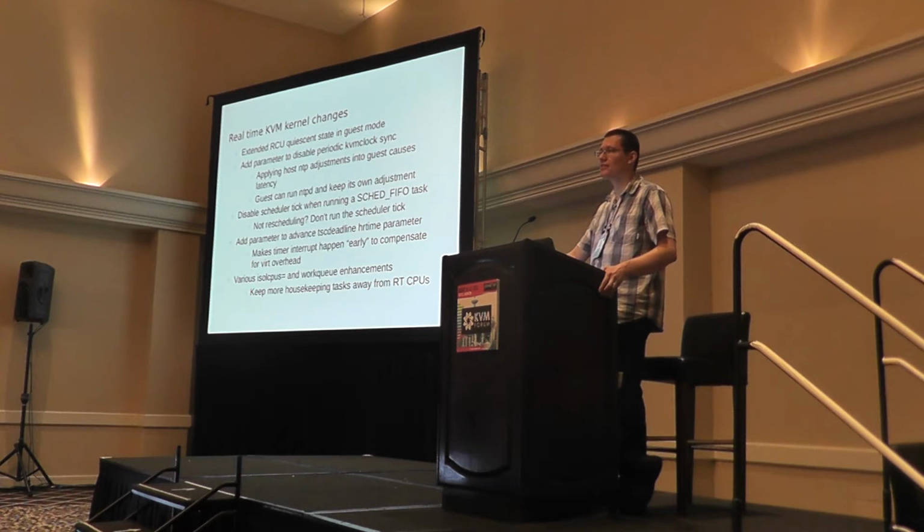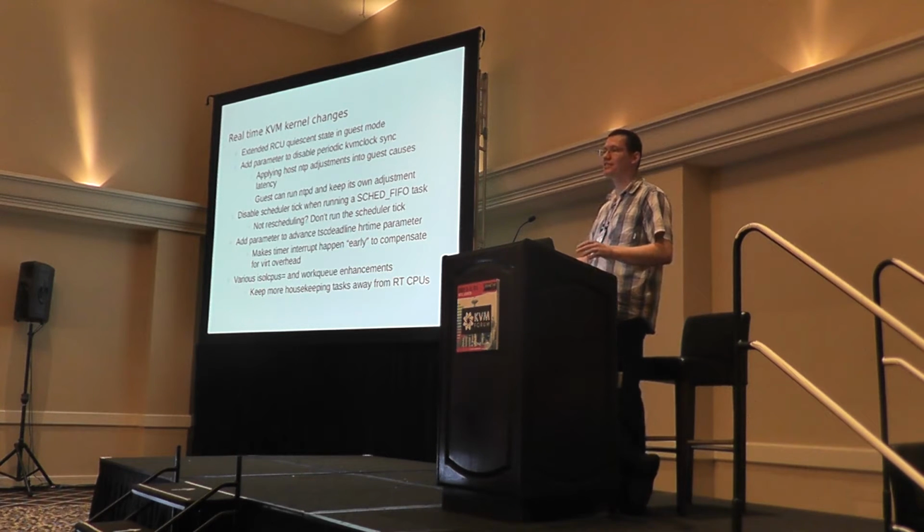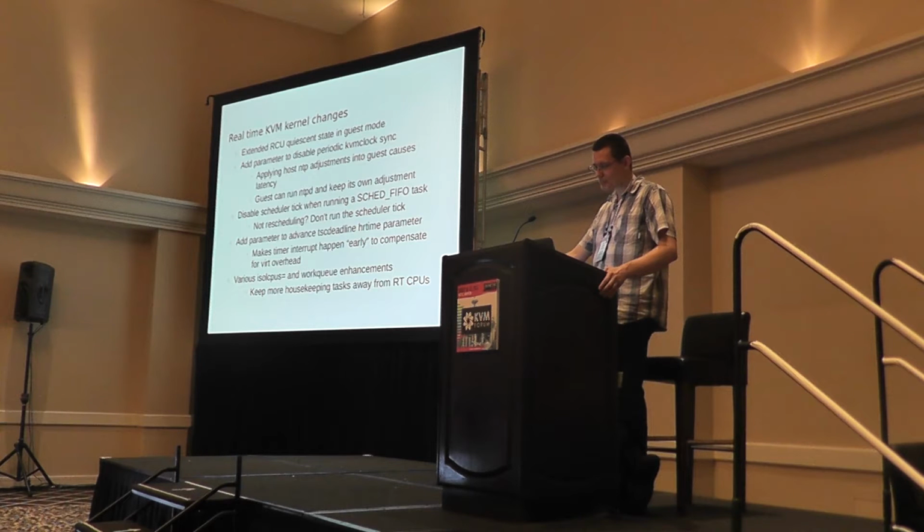If you have a larger guest, it can take a significant amount of time, where a significant amount of time is a few microseconds, to adjust the KVM clock data on all the vCPUs. If we disable that, the guest will no longer get NTP corrections. You may have to run NTP inside the guest if this is something you care about. But it does remove a source of latency.